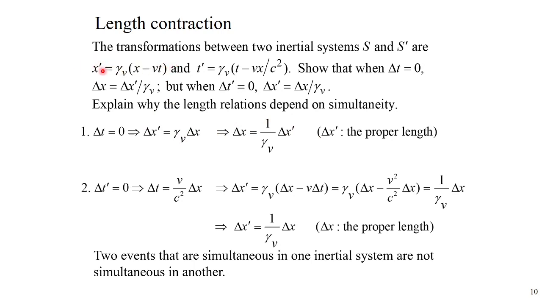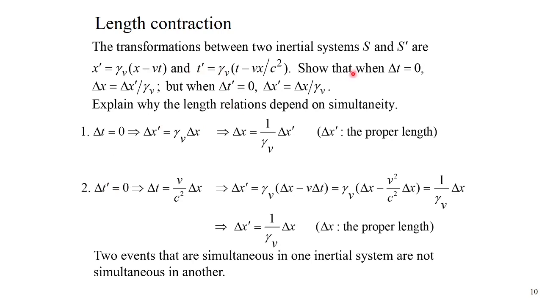Delta x prime equals gamma v delta x. This is a constant, a proportional constant. So we can write into here. Which one is at rest? Delta x prime is the proper length because it's at rest.